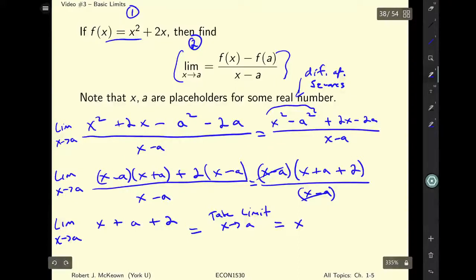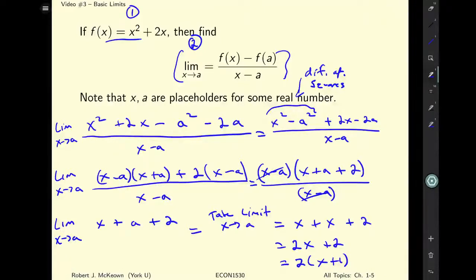And so I've got a plus a, that's like 1a plus 1a, plus 2. If I want to factor out the 2, I can factor out the 2. And I'm left with 2 times a plus 1.